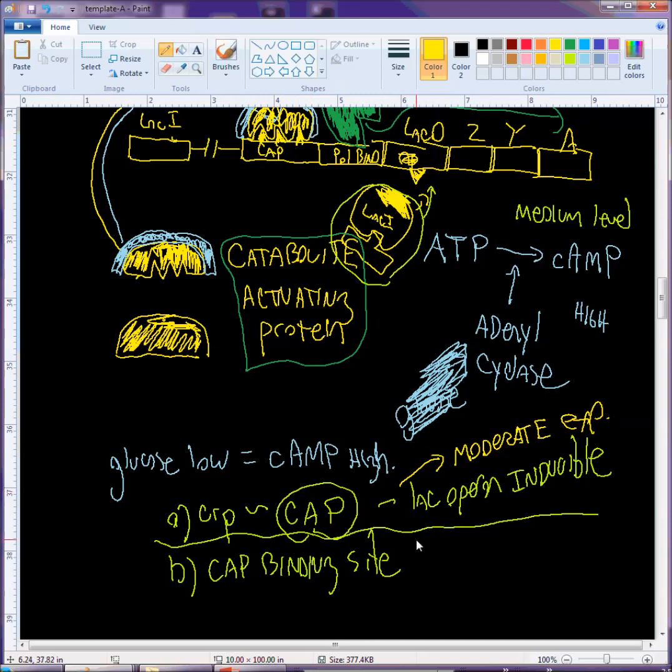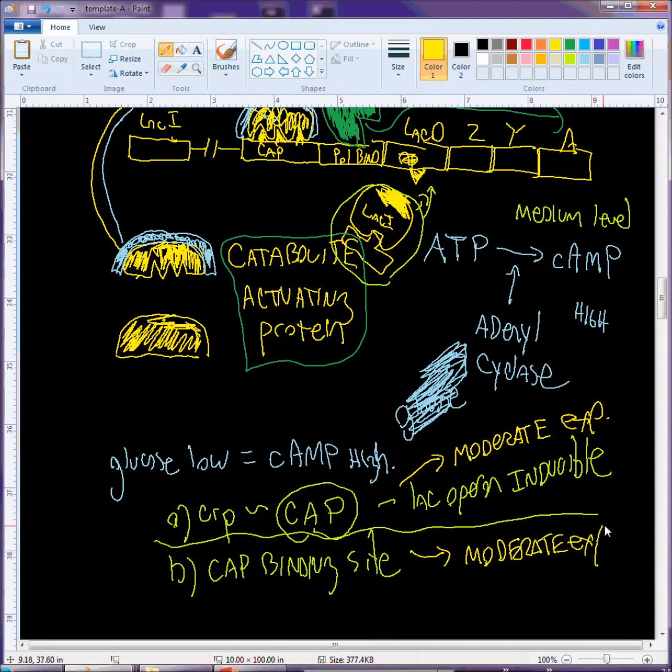It's sort of the same thing. If we add lactose to the cell, lactose is still going to bind to the LacI repressor, the repressor is not going to bind to the operator, and RNA polymerase is still going to be able to transcribe, but not at as high a rate as if we had a functional CAP binding site. So here too I would say moderate expression.